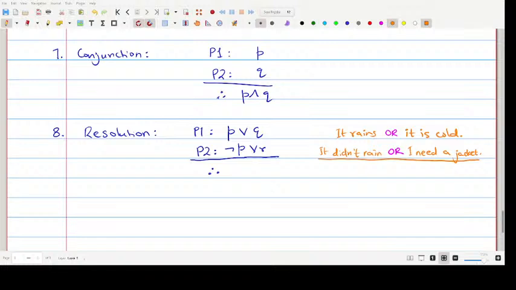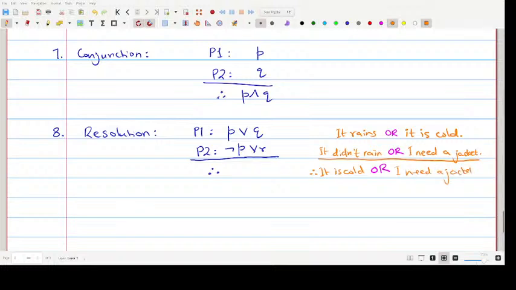What comes as a conclusion here is: it is cold, or I need a jacket. Therefore, it is cold or I need a jacket, right?